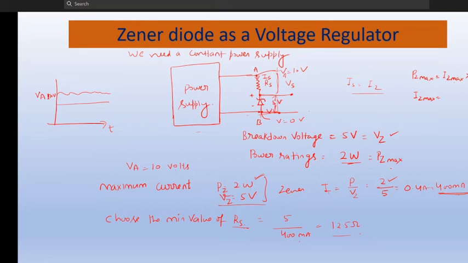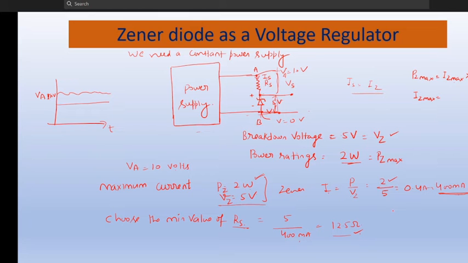So what should be the minimum value of RS that will allow the maximum current to flow, because IS is only Iz, so that the maximum current can flow through the Zener diode? It is 12.5 ohm.